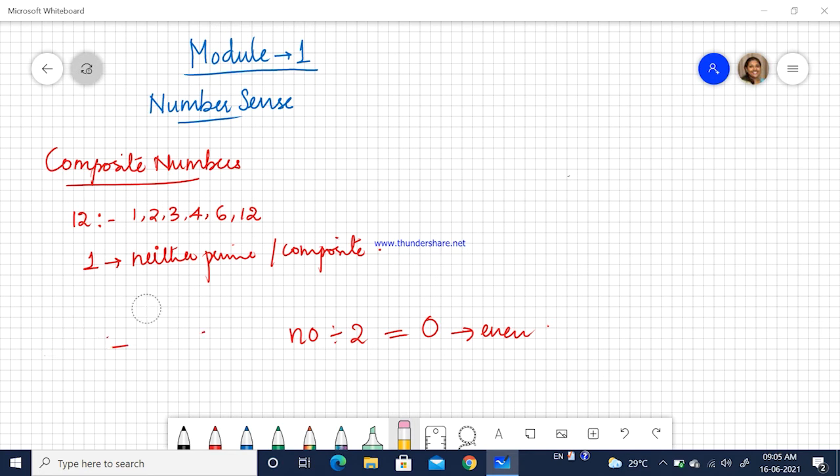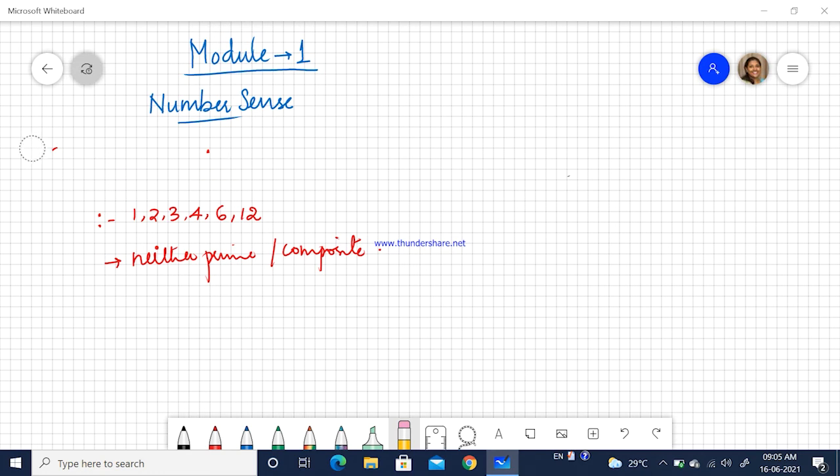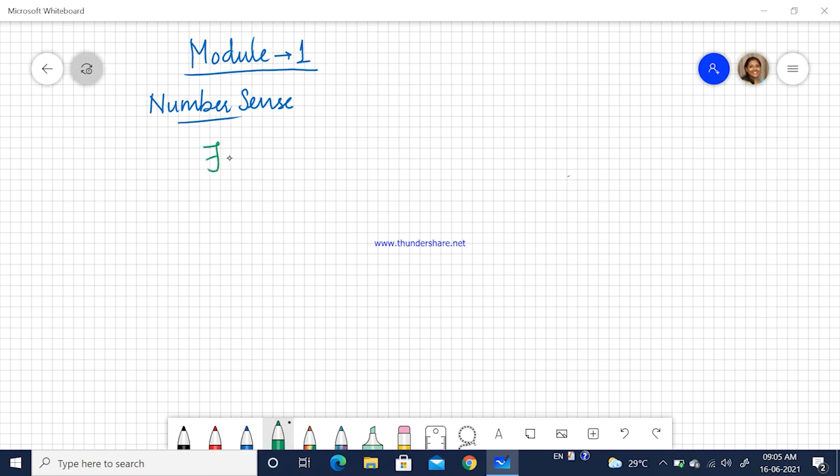Now let's see what fractions are. Let's say 10 by 2. This is a fraction. This is the numerator and this is the denominator.